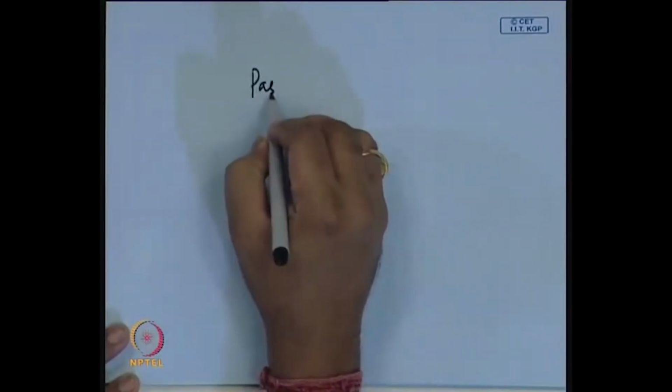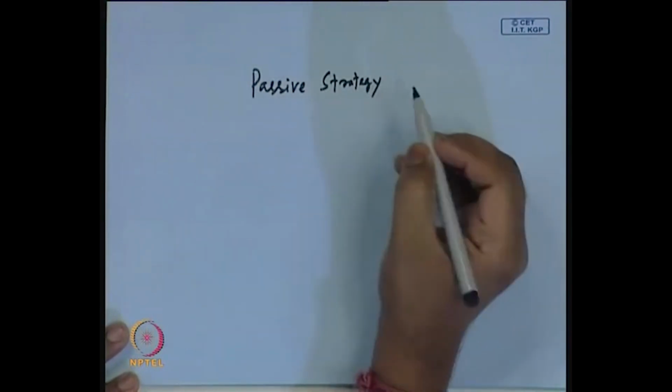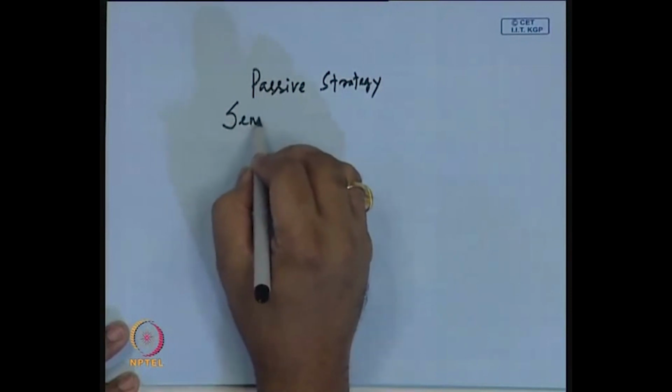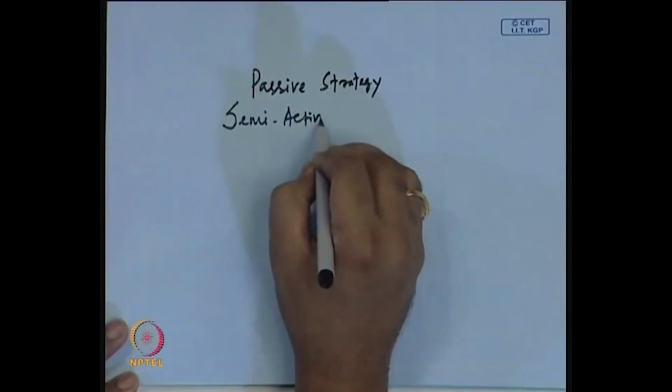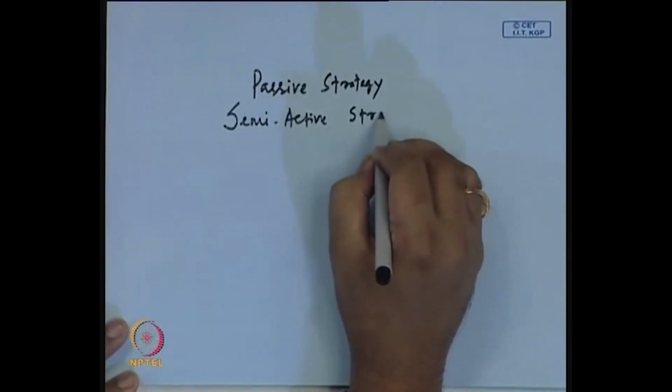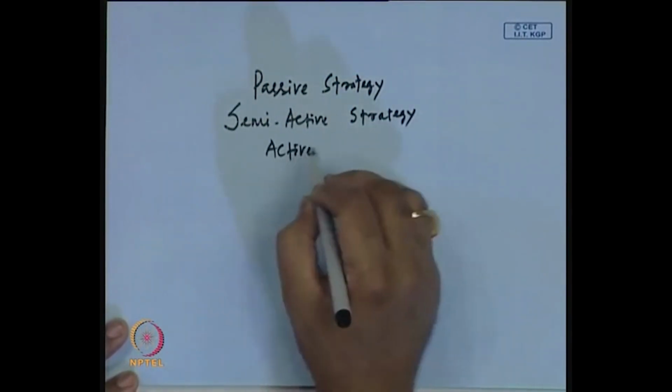There are three types of bond portfolio strategies that the fund manager or the investors always use: the passive bond portfolio management strategy, then, as we have defined it, the semi active strategy, and another way is the active strategy.